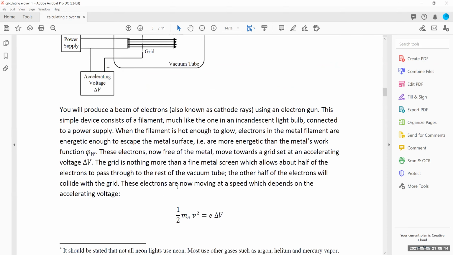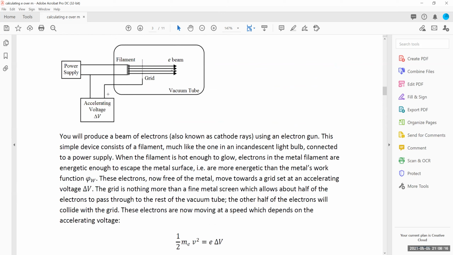Now you use conservation of energy to find how fast they're going to be moving, because as they barely emerge, you would want them to just come in. The accelerating voltage, delta V, times the charge of each one of them, is equal to 1/2 times the mass times the velocity squared, because they started from rest. The heating element just gets them barely out, and then once they're out they need to be accelerated.